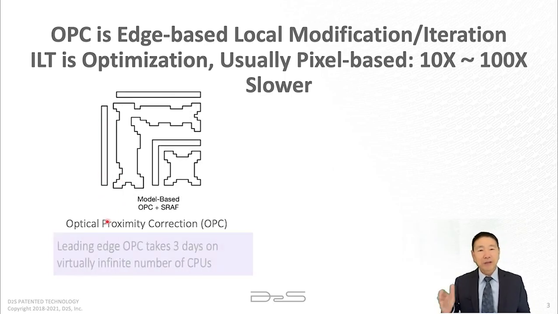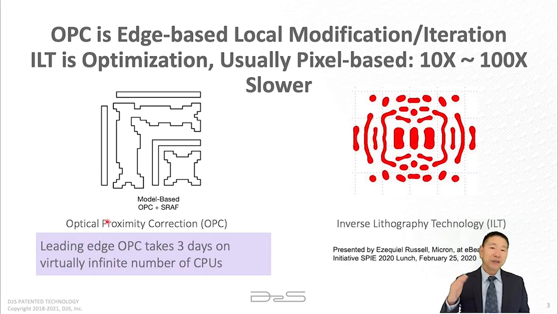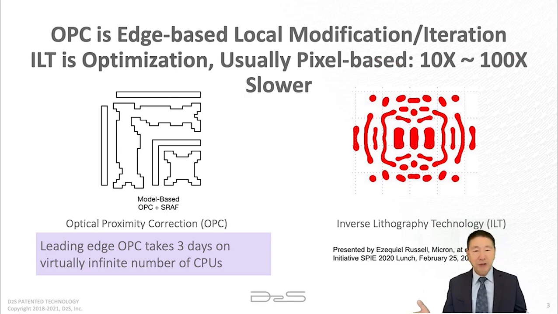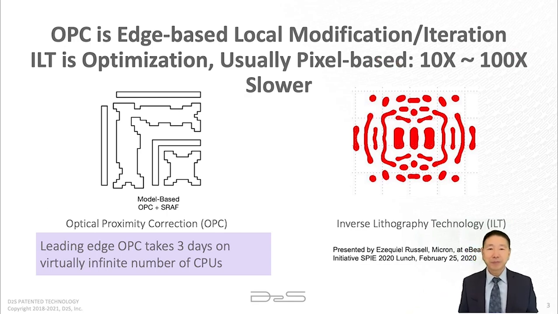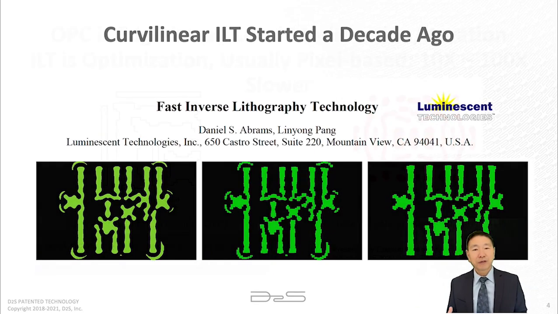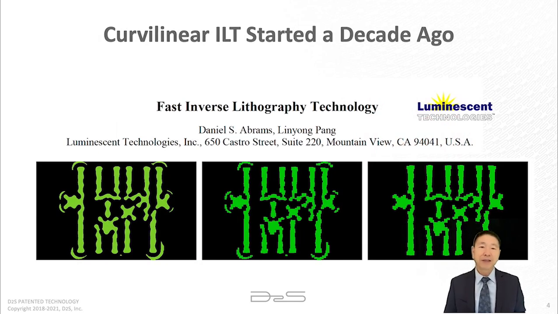But ILT is different. ILT in general is pixel-based and an iterative optimization, so the runtime takes much longer. It's at least an order of magnitude longer than OPC, and sometimes actually 2 orders of magnitude longer. The research for ILT started in the 1990s.